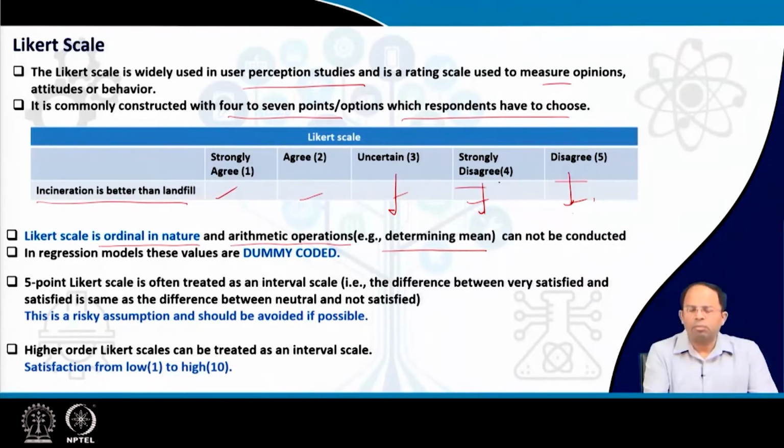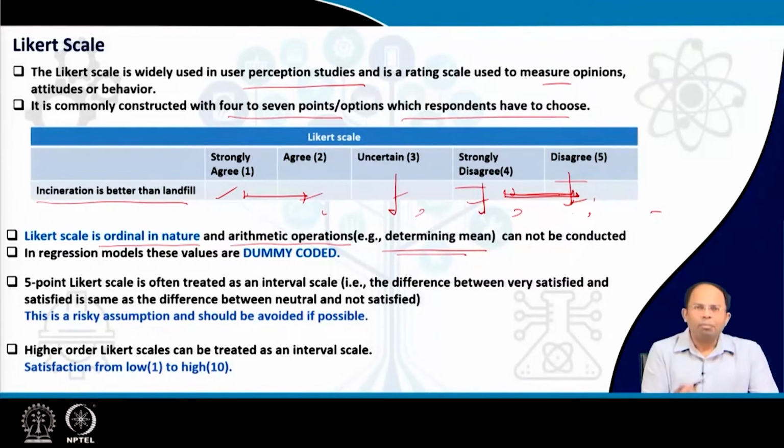But at the same time, these are categorical values. Disagree is different from strongly disagree. The difference between strongly disagree and disagree is not the same as the difference between strongly agree and agree. Whenever you determine a mean, you are saying that the differences between all these are more or less the same, right? Because with 1, 2, 3, 4, 5, we are dividing them and saying the average value of opinion is this, but actually that cannot be done because the gaps are not the same.